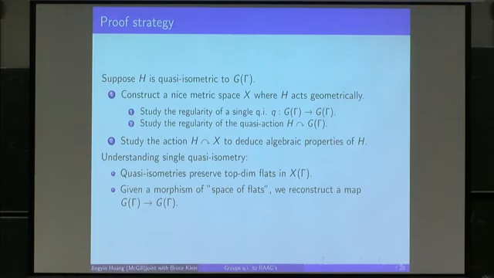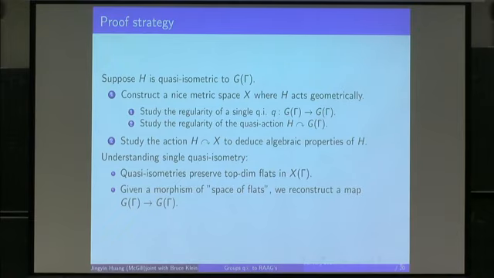This strategy was also used in several previous cases, so let me remind you. In the case where X of gamma is a symmetric space of non-compact type or a Euclidean building, we also know the quasi-symmetry preserves top-dimensional flats. In that case, the space of flats is exactly the Tits building at infinity.